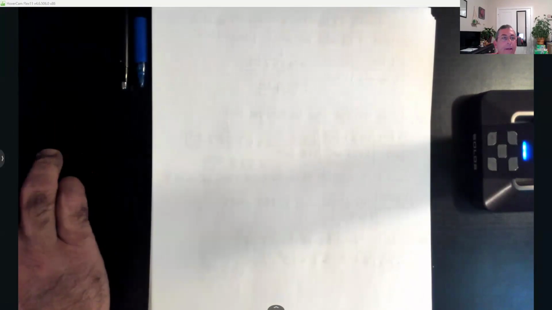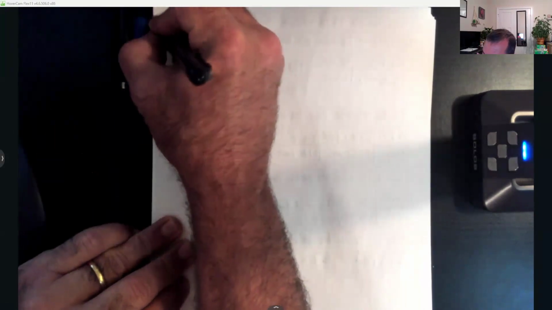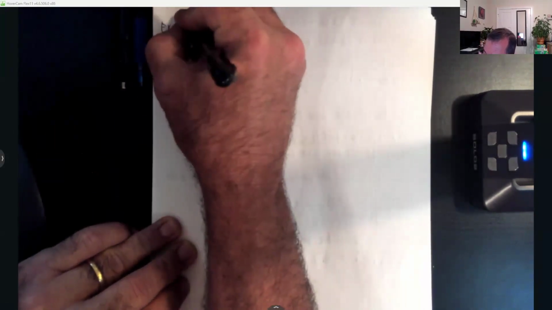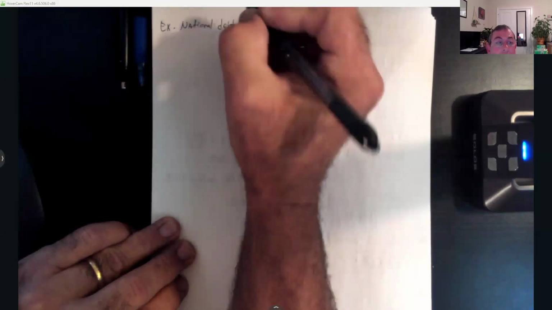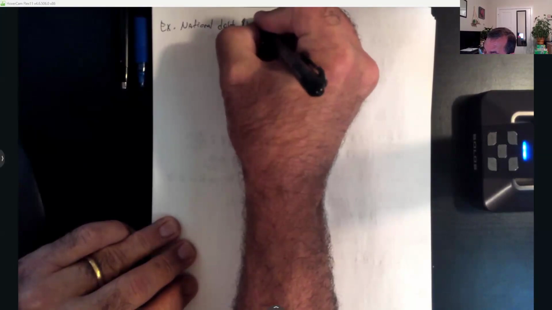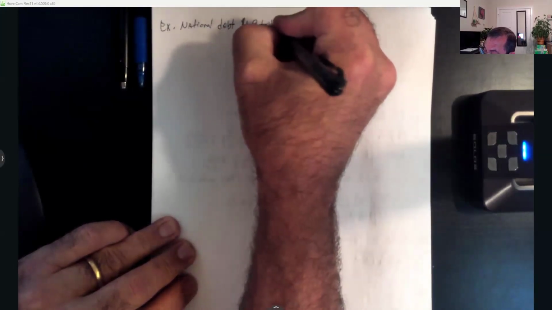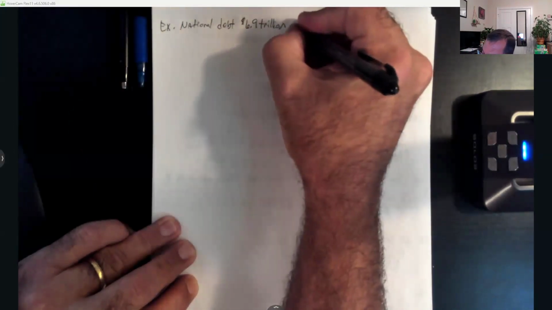All right, so y'all, this is one of our tricky ones here. So this one says the national debt was about, so national debt is 6.9 trillion at the end of 2003.